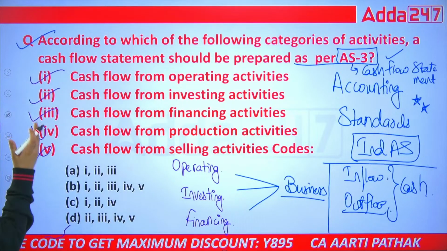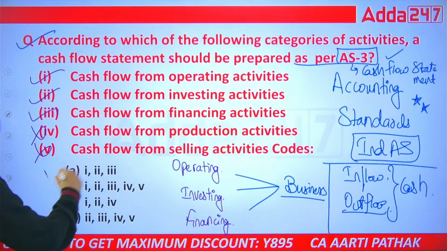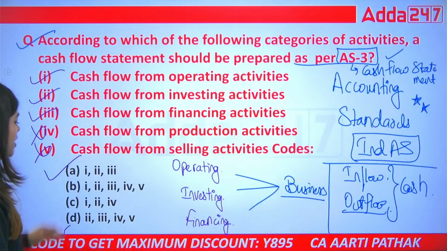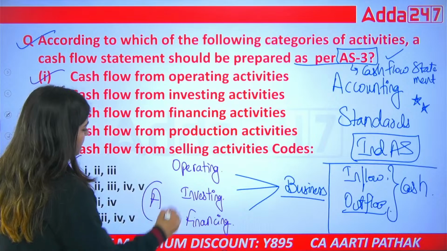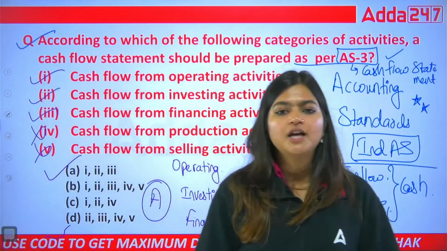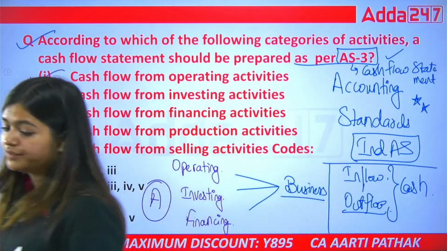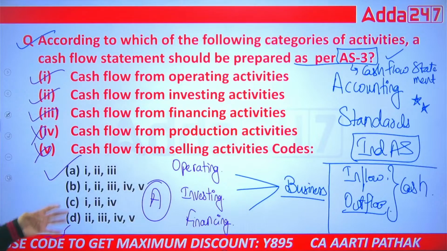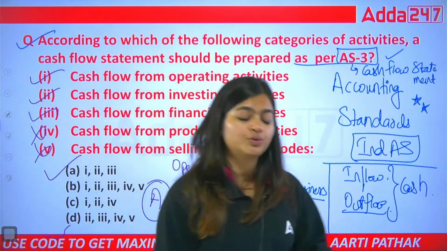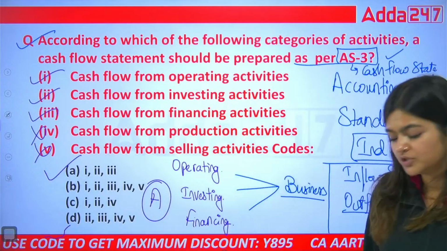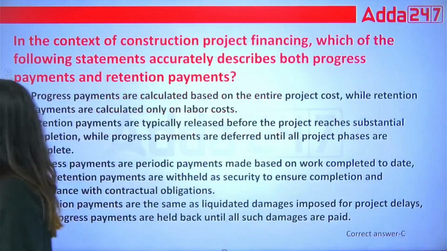So as per the options, your correct answer is 1, 2 and 3. Option A is your correct answer. This is how we need to identify and give the answers. So this question is a direct question. They can ask you through different activities also. Okay? Moving on to the next question.